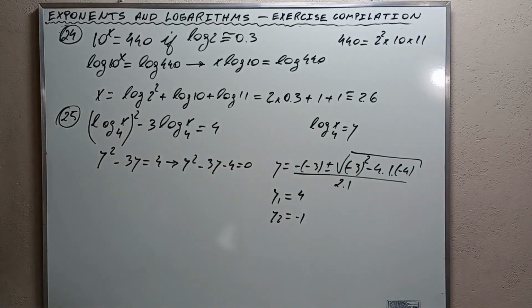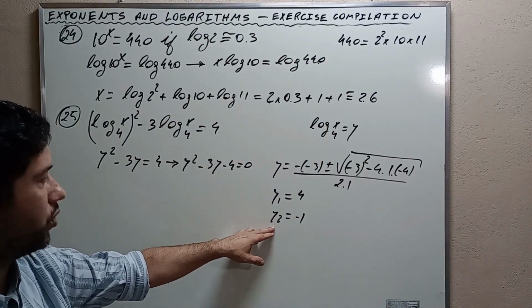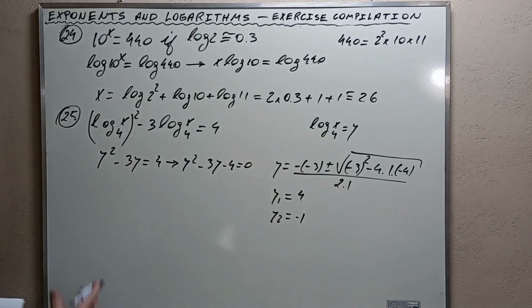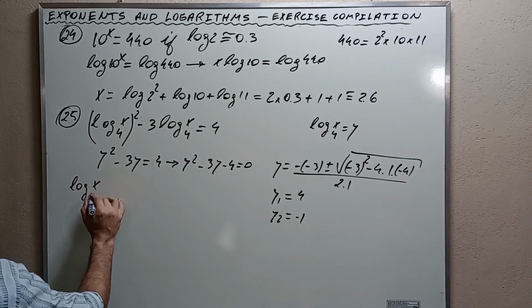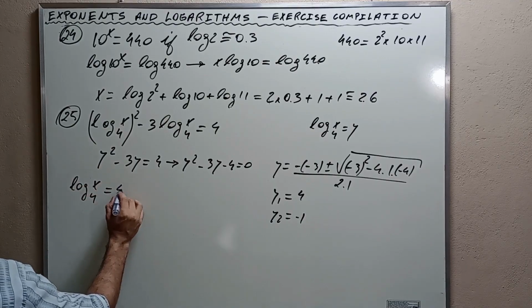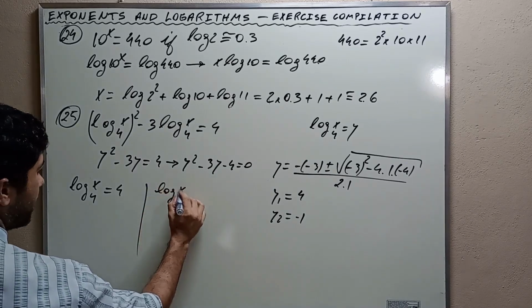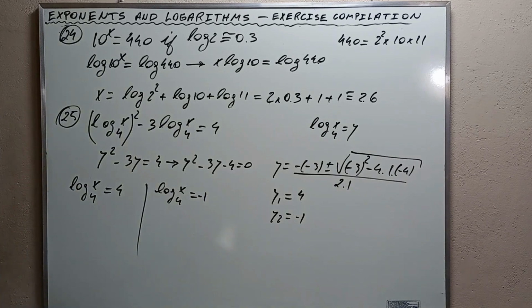This is not the solution that we're looking for, we have to return to this, okay? We are going to return and make the logarithm of x base 4 equal to 4 and the logarithm of x base 4 equal to negative 1. Okay?